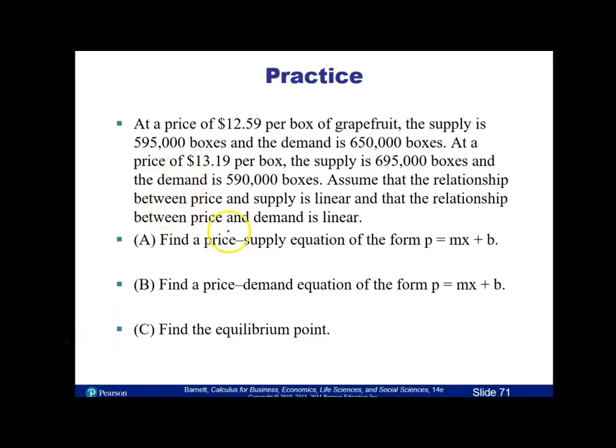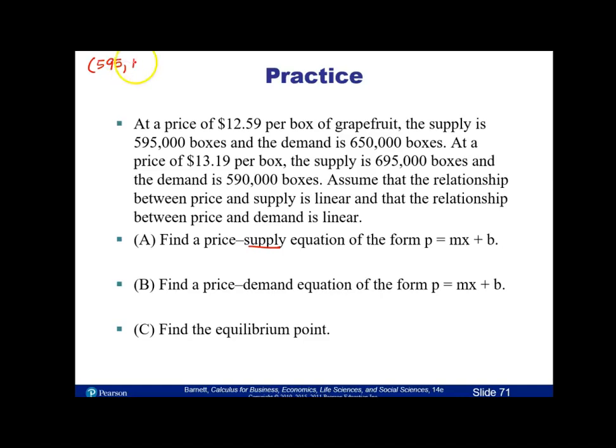All right, to find these equations that you're asked to find, we first need to write some ordered pairs. Since we're working first with supply, let's look at writing these as supply ordered pairs. This one, the supply is 595,000 boxes. When you have a supply of that many boxes, it causes the price to be $12.59. So we're going to do this in thousands of boxes.